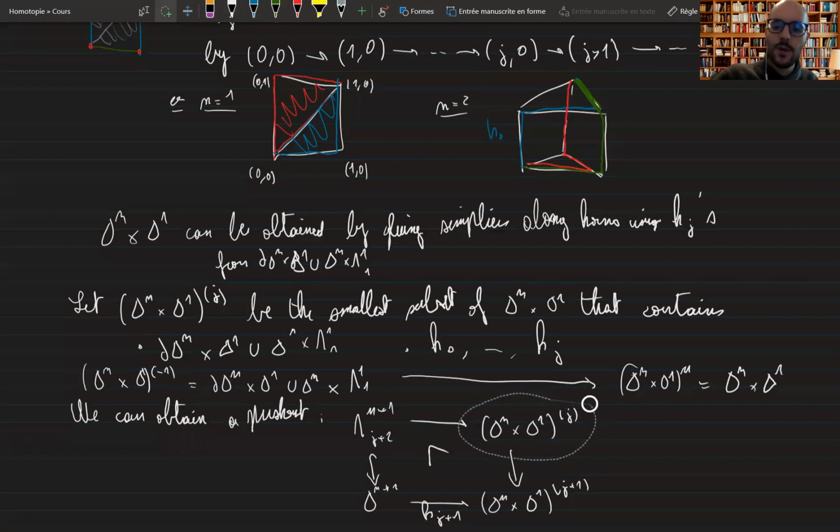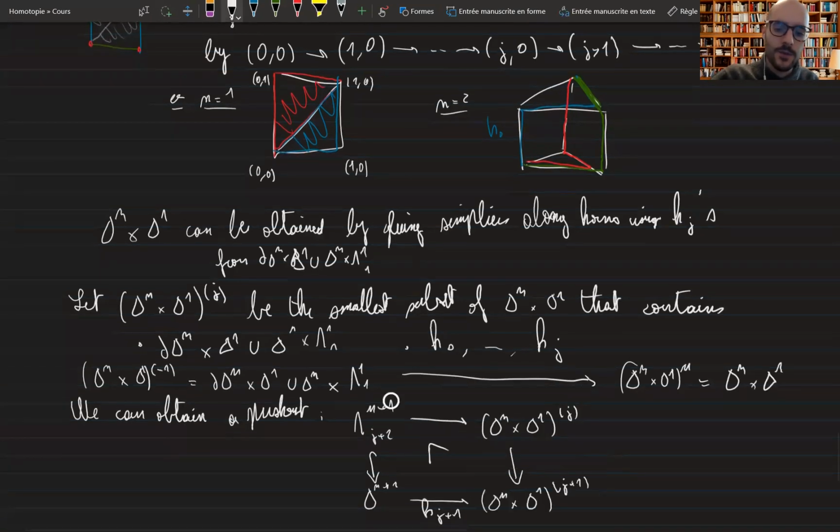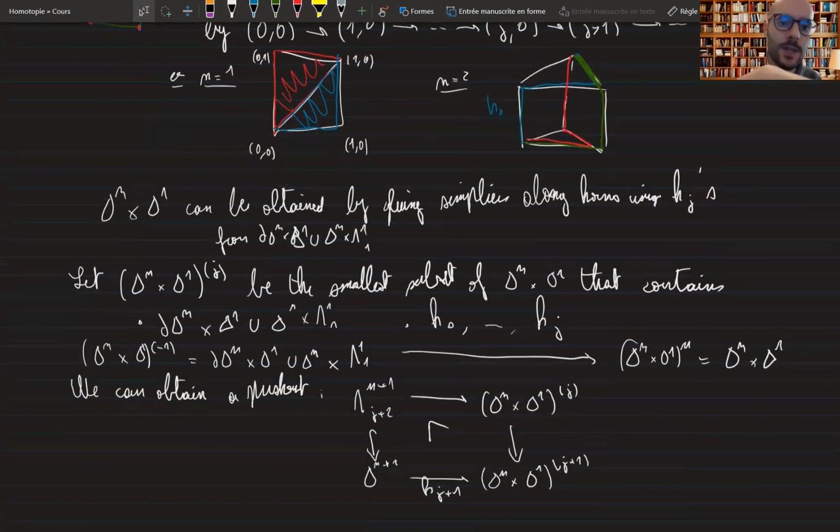So to get from 1 to the next, you just do a push out along a map like this. So to get from the first one to the last one, you do in total n plus 1 push outs. So for example, here you can see to go from this U-shaped thing into the full rectangle, you have to glue 2 simplices.